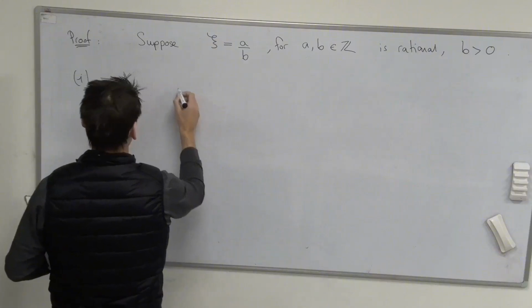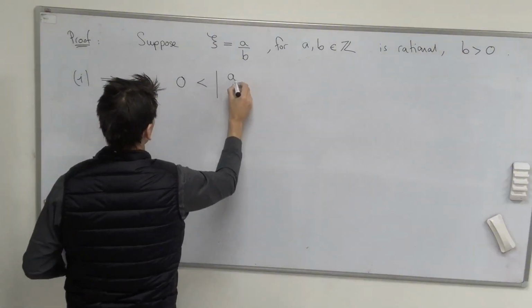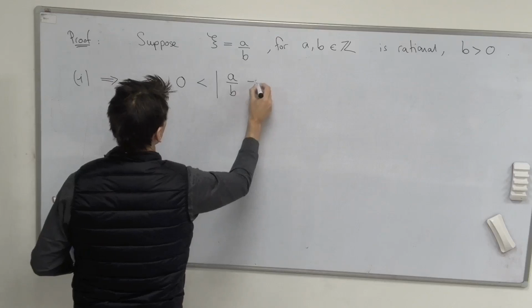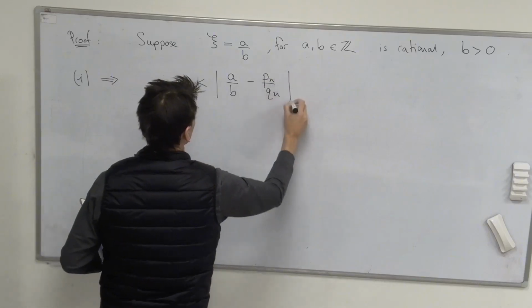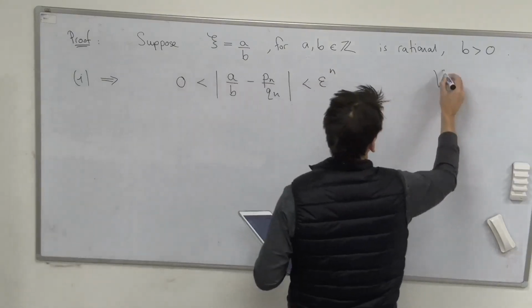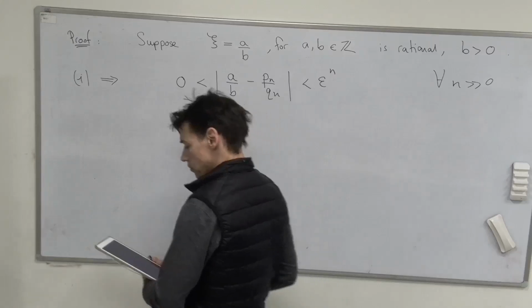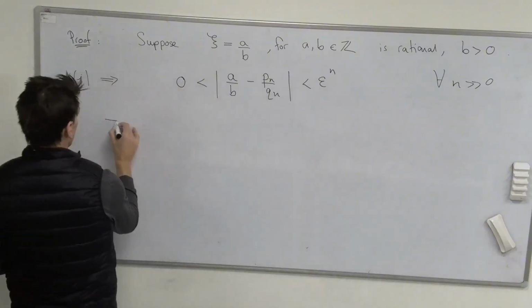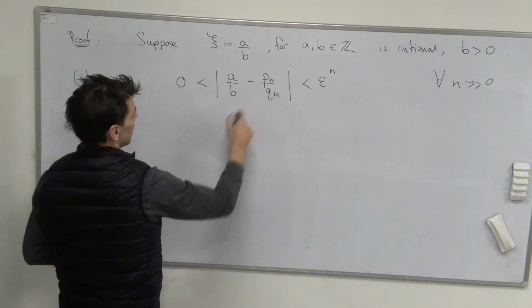This implies that 0 is less than a over b minus Pn over Qn, which is less than epsilon to the n for all n sufficiently large. And to this inequality we can multiply through by b and Qn.